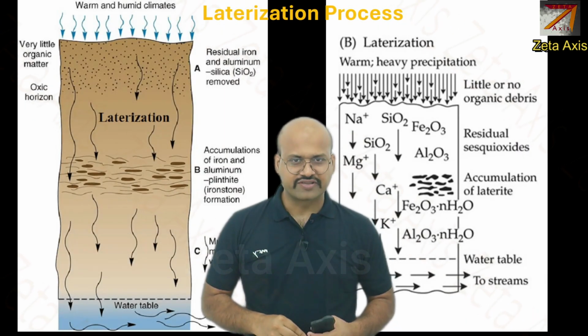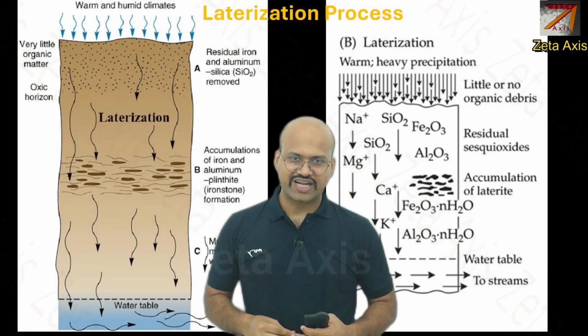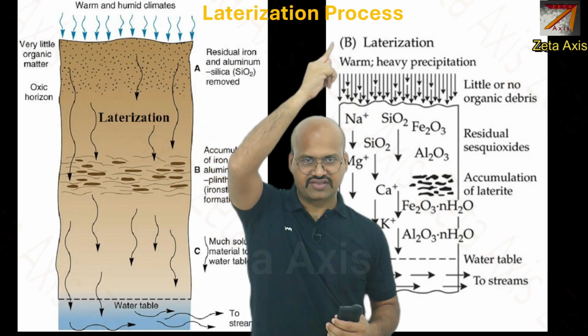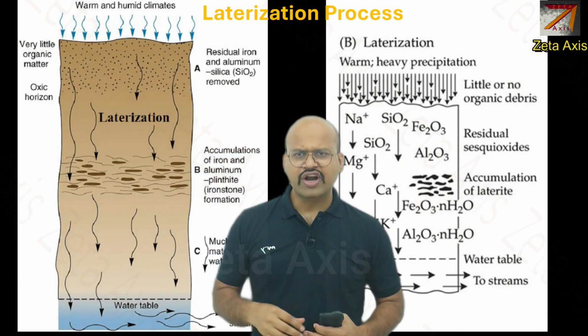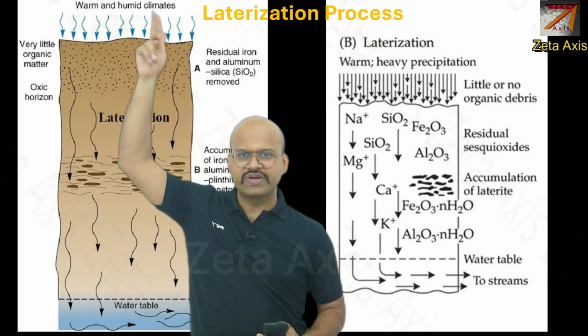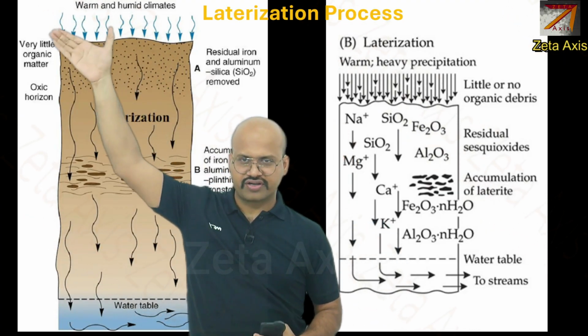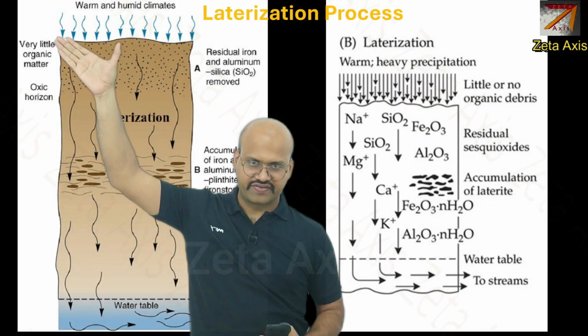Now the process by which soil is converted to laterite soil is called laterization. It is very similar to the leaching process. What happens is, because of the warm and humid climate, a large amount of water is accumulated on the surface.